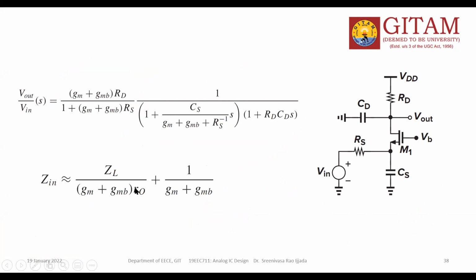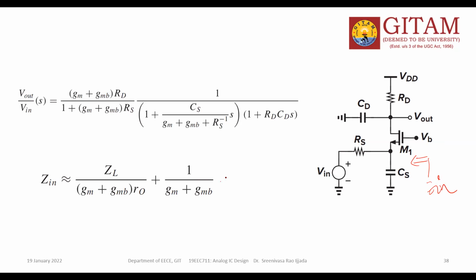Here my question is Zin. Zin means the input impedance of the circuit. Input impedance means you look into this side. What is the input impedance of the circuit? You can write ZL by gm plus gmb into R0 plus 1 by gm plus gmb.